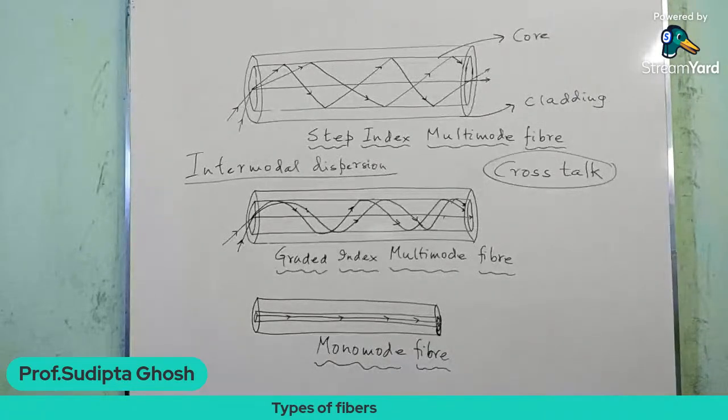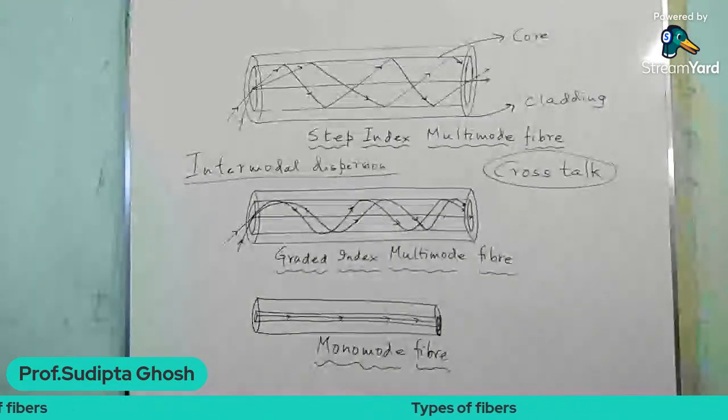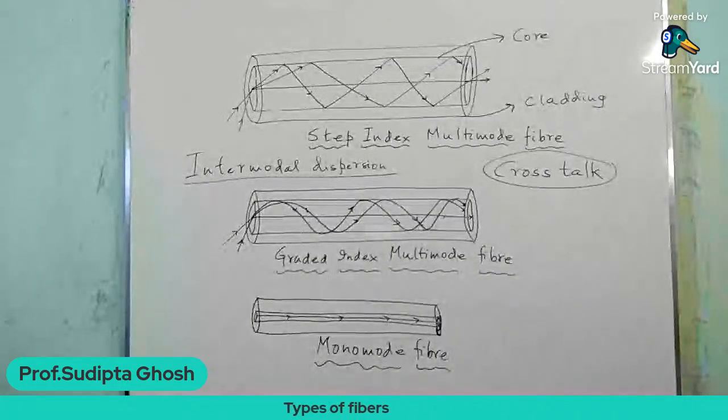Okay. Now we must know about some advantages of optical fibers over coaxial cables, because the main application of optical fibers is in communication. The advantages are that the channel capacity of optical fibers is very large.